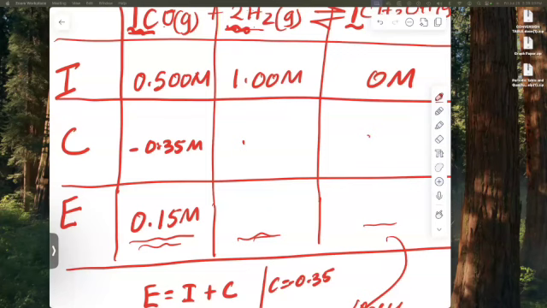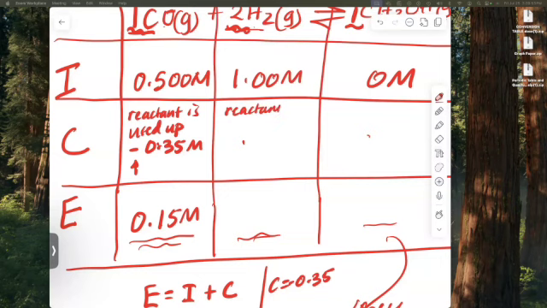Remember, the negative here indicates the reactant is used up during the course of the reaction, right? It's not being made, it's being consumed. The reactant is being sacrificed by being consumed so that we can make products. Over here, the same thing is happening.